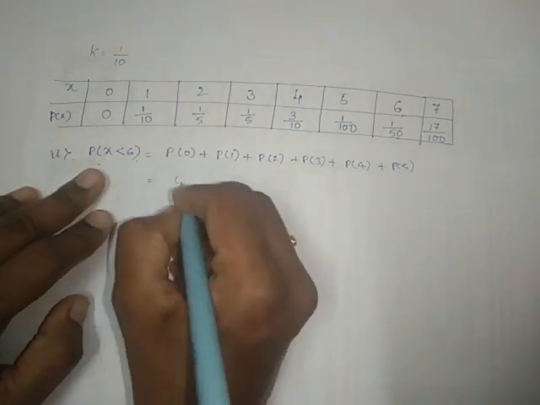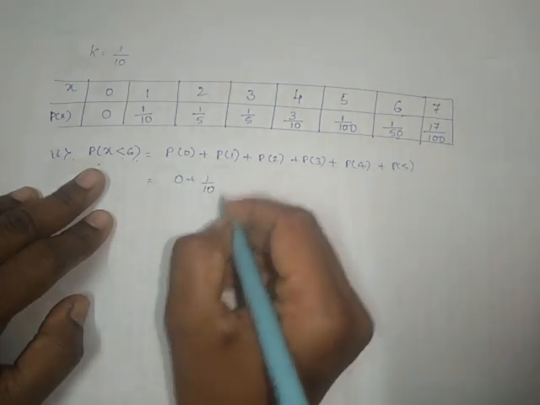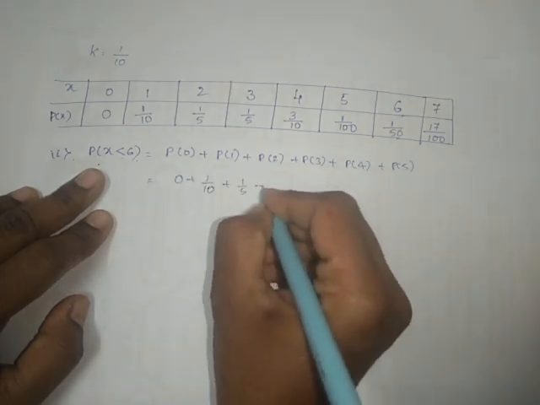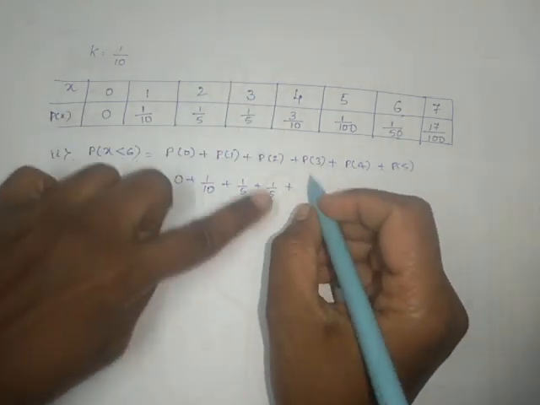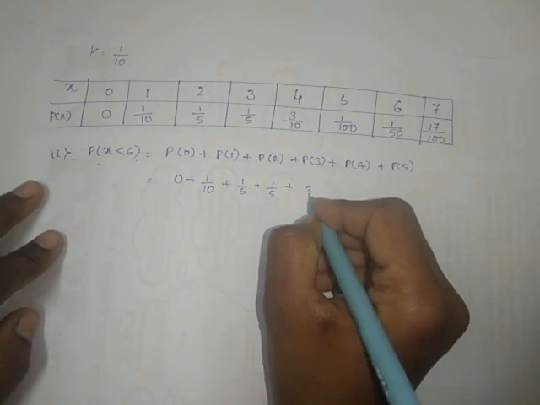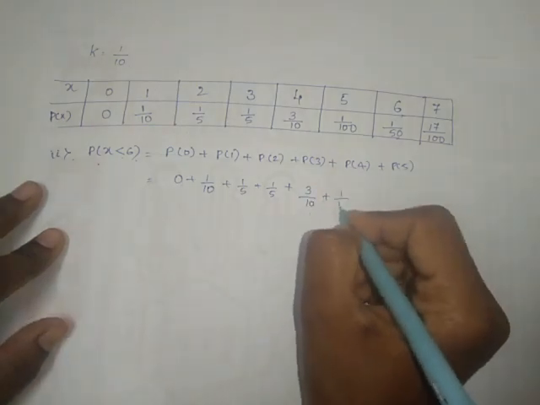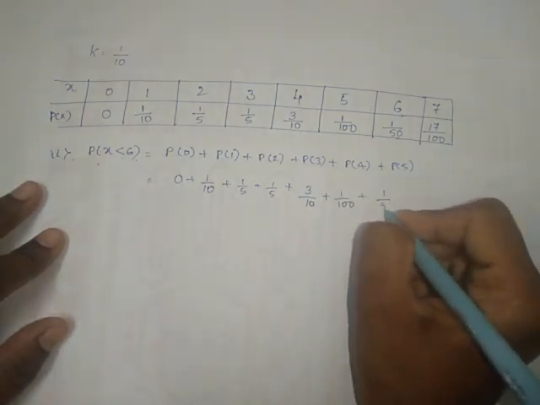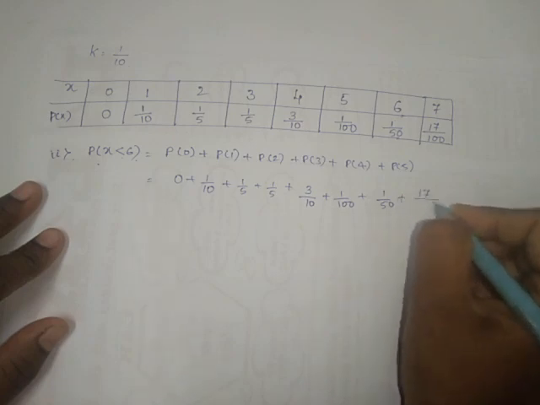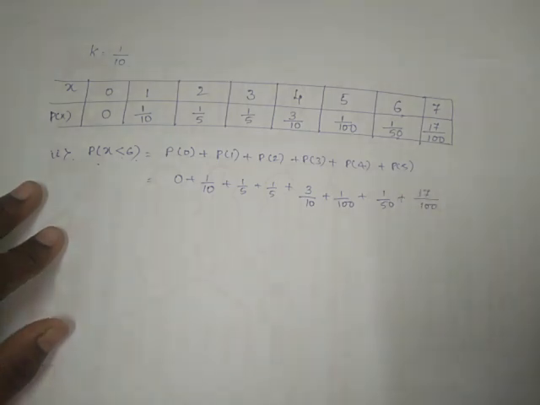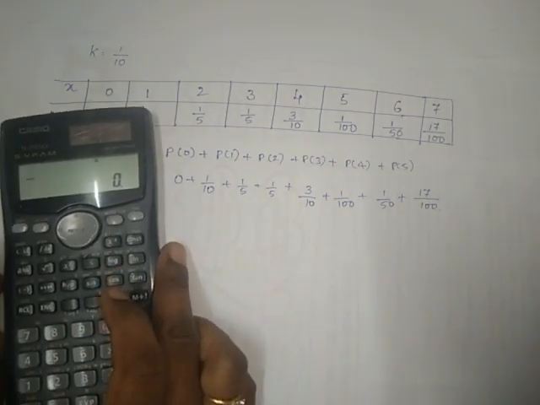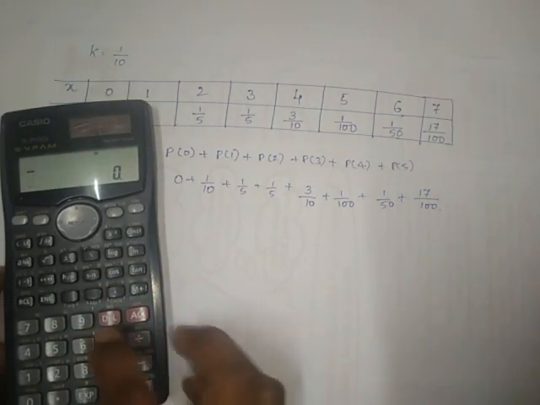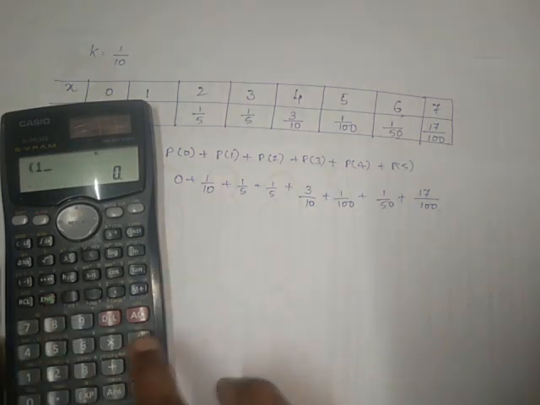So P of 0 is 0 plus P of 1 is 1 by 10 plus 1 by 5 plus 1 by 5. P of 3 is 1 by 5. P of 4 is 3 by 10 plus 1 by 100 plus 1 by 50 plus 17 by 100. Enter all the details in the calci. 0 plus 1 by 10, open the bracket, 1 divided by 10, close it.